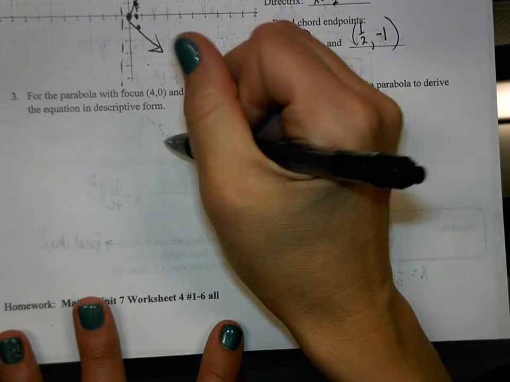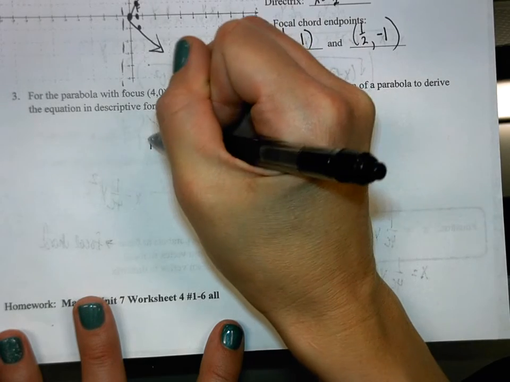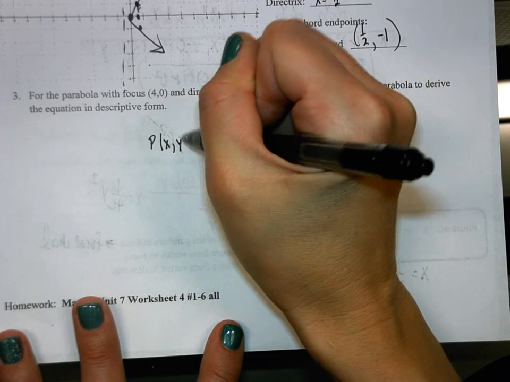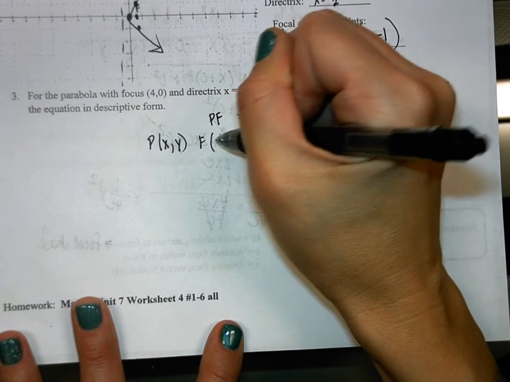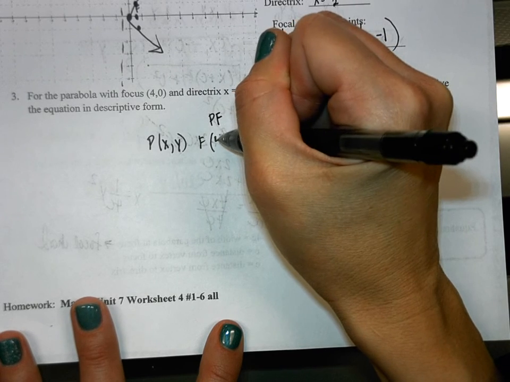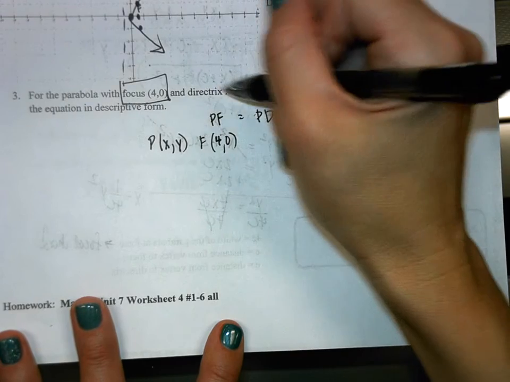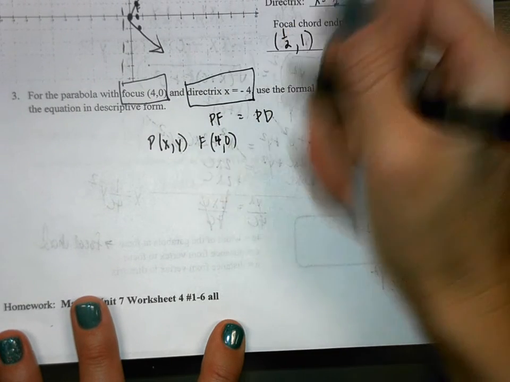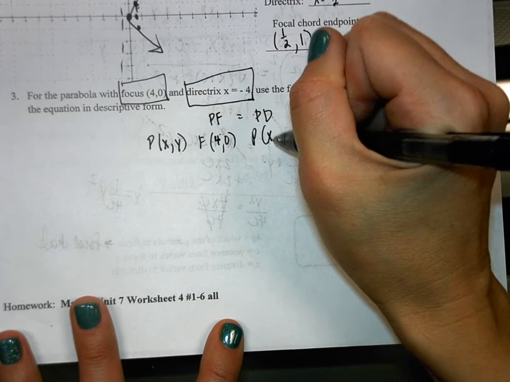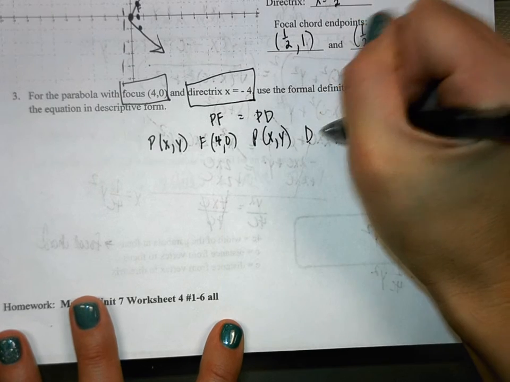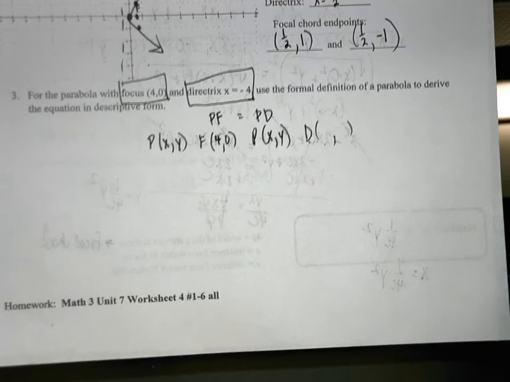So the point would be x, y, and the focus would be 4, 0, which they gave us in the problem. Okay? Now, again, my point will be x, y, and I'm going to give you a minute here to figure out what are we going to put in for that directrix.